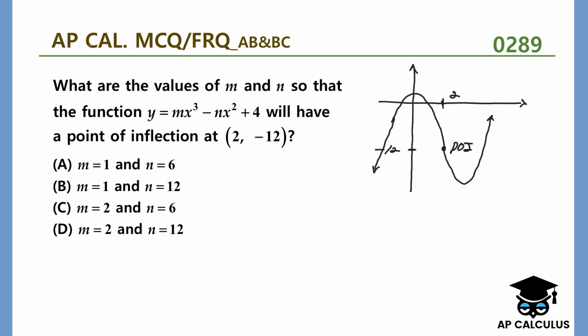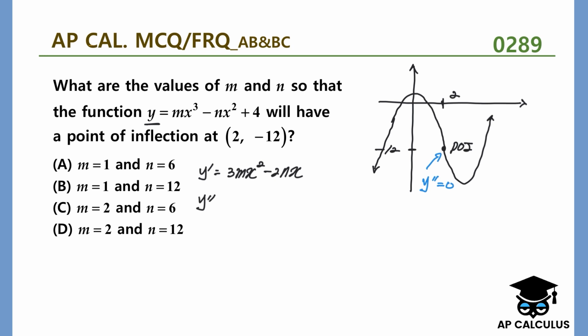At this point right here, y double prime has to be equal to 0, right? And also this point 2, -12 is on the graph of y. So we're going to find the second derivative first. y prime is equal to 3mx squared minus 2nx.